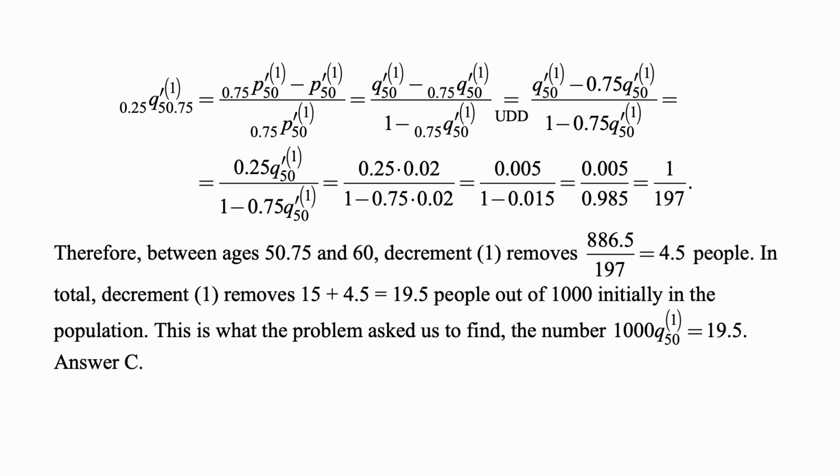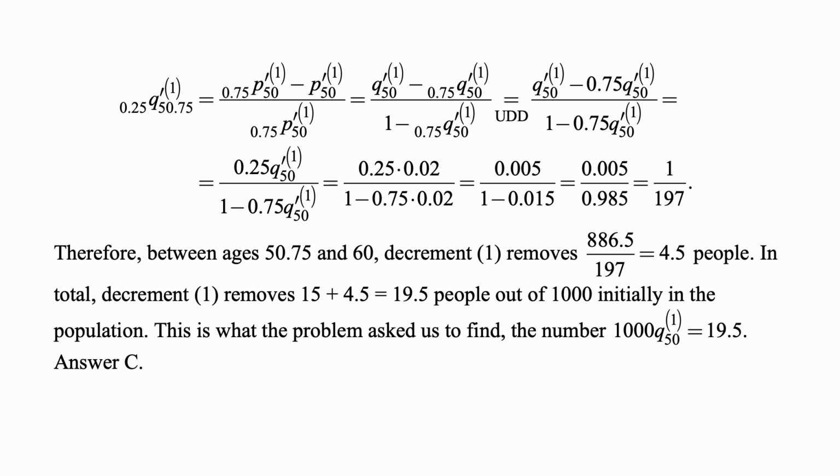And that probability multiplied by the number of people available to be whacked by decrement 1 in that period of time, which we just calculated a moment ago, 886.5. So this times 1 over 197. Oh, that's 4.5. It's a very nice number. 4.5 people.